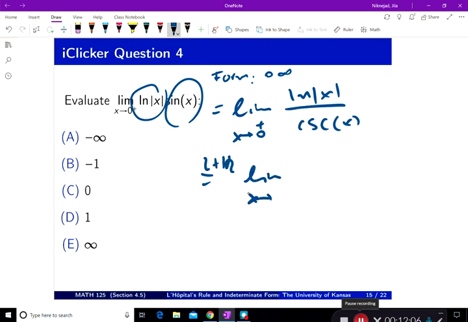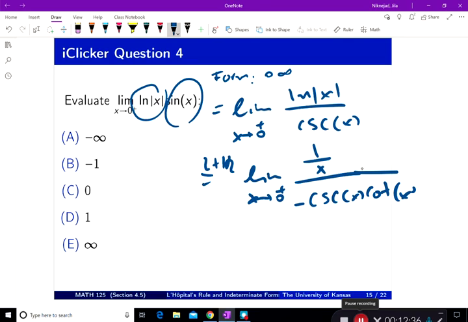So the limit as x approaches 0 from the positive side: natural log of x becomes 1 over x, cosecant of x becomes negative cosecant x cotangent x. And if I plug in 0 now, I will get 1 over sine of 0 and cotangent of 0.